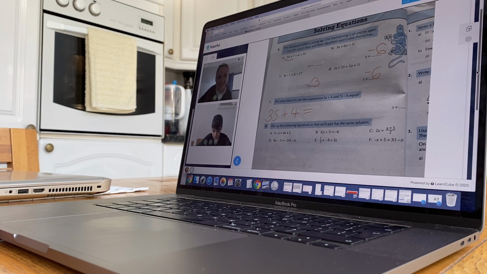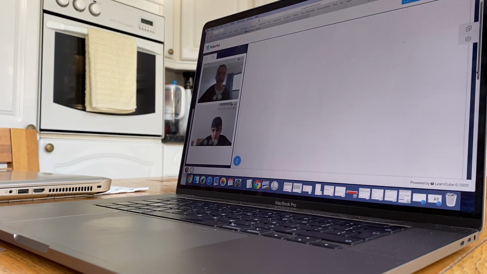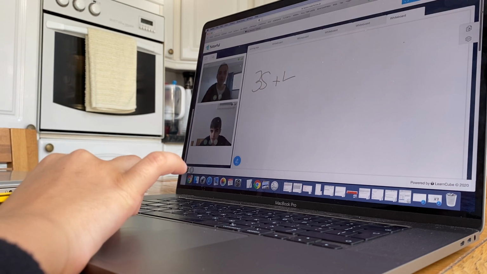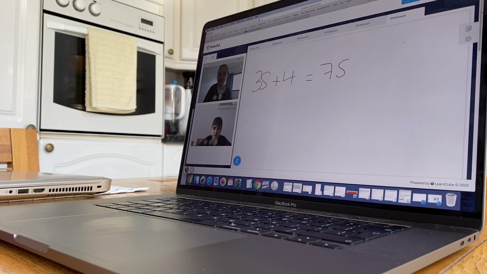What's 3s plus 4 going to be equal to? 7s minus 6. What we're being asked is for what values of s the expressions are equal. So we make them equal to each other by putting an equals between them. 3s plus 4 equals 7s minus 6.